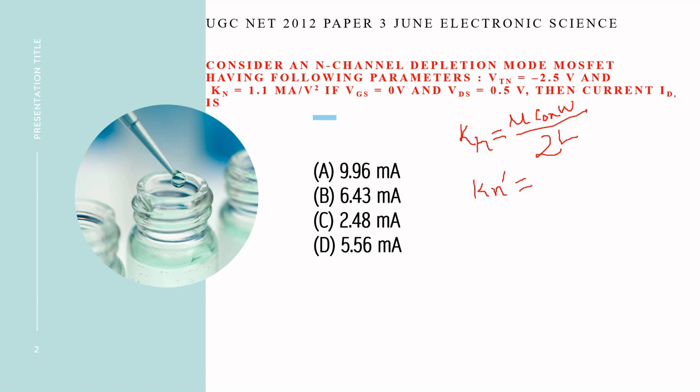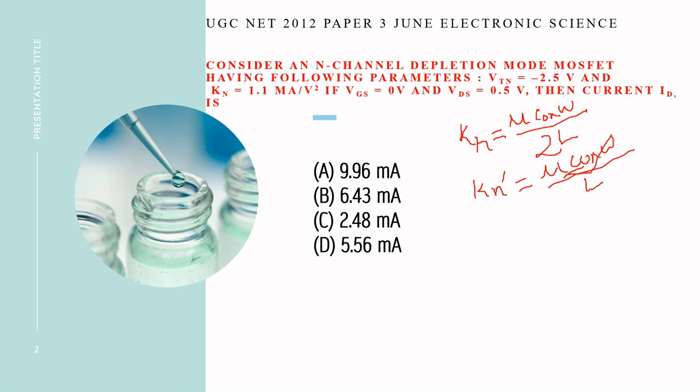Kn prime is mu COX W divided by L, right? So if the Kn value is 1.1 milliampere per volt square, then Kn prime is 2.2 milliampere per volt square.